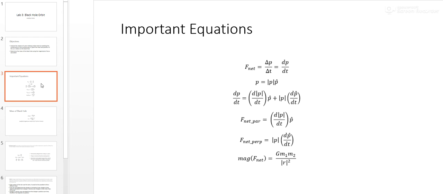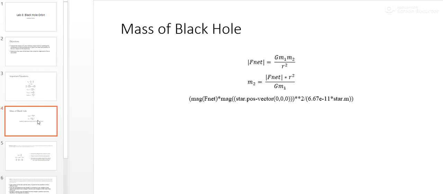And the magnitude of gravitational net force is equal to G times m1 times m2 over r squared. From this equation, the mass of the black hole can be calculated, which equals the magnitude of net force times r squared over G times m1.